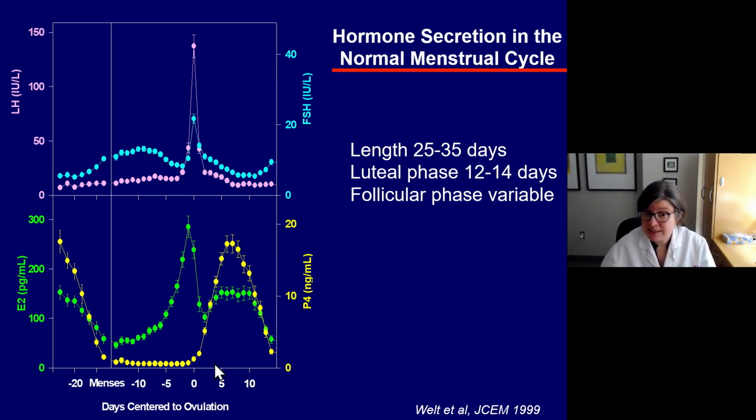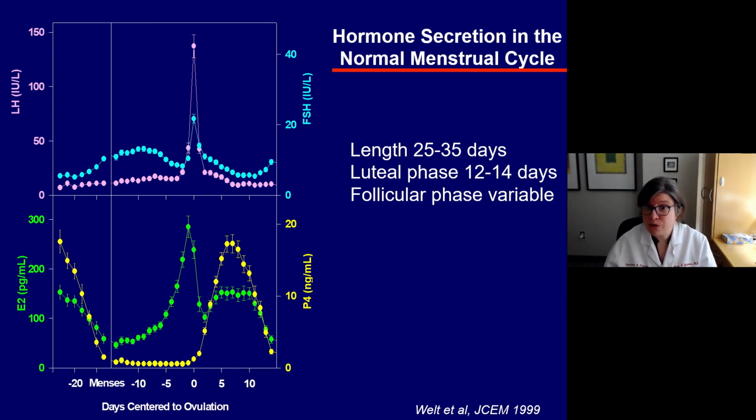What's usually constant is the luteal phase. So after ovulation, this luteal phase is usually constant in most women, anywhere from 12 to 14 days. Why one woman will have a 25-day cycle and why one woman may have a 32-day cycle is because of the difference in this follicular phase. So that's important to remember as we move forward.